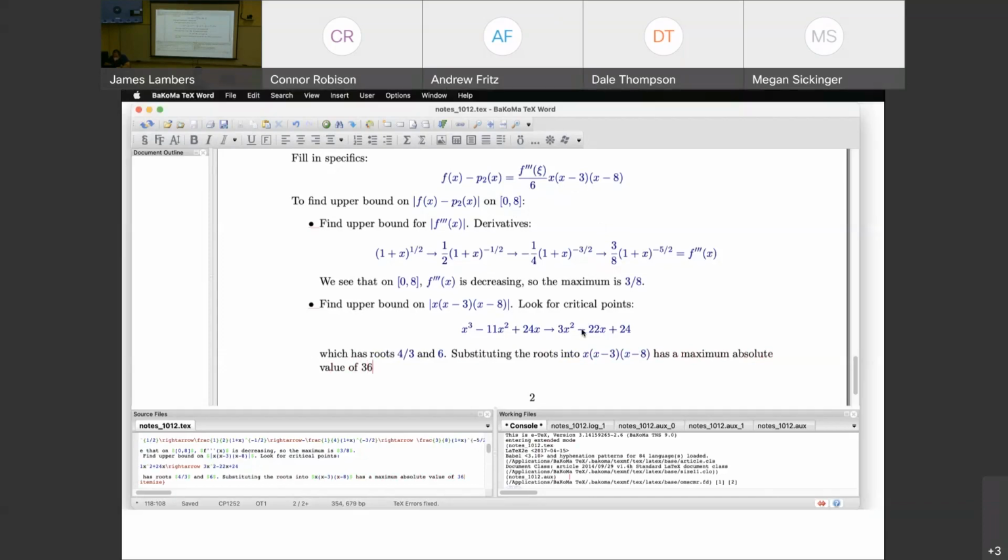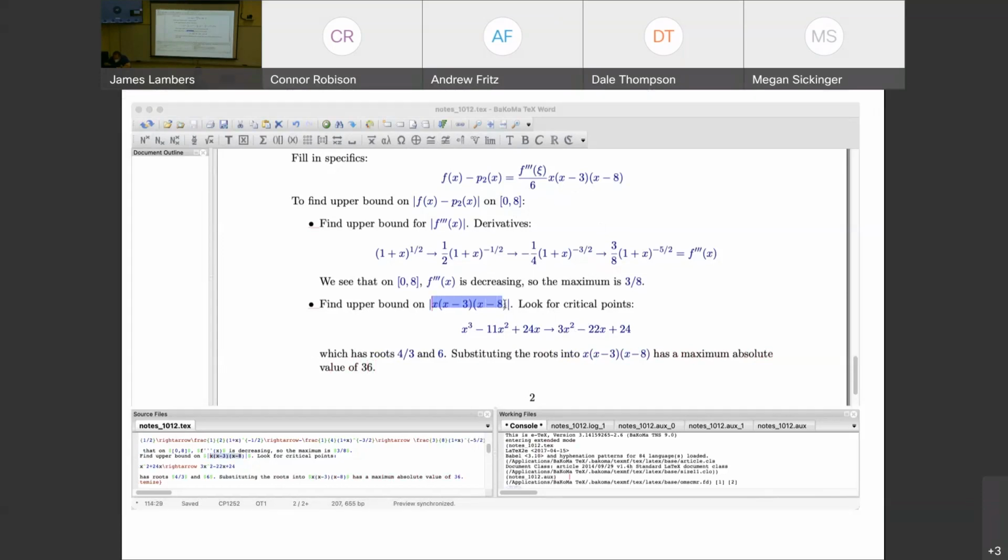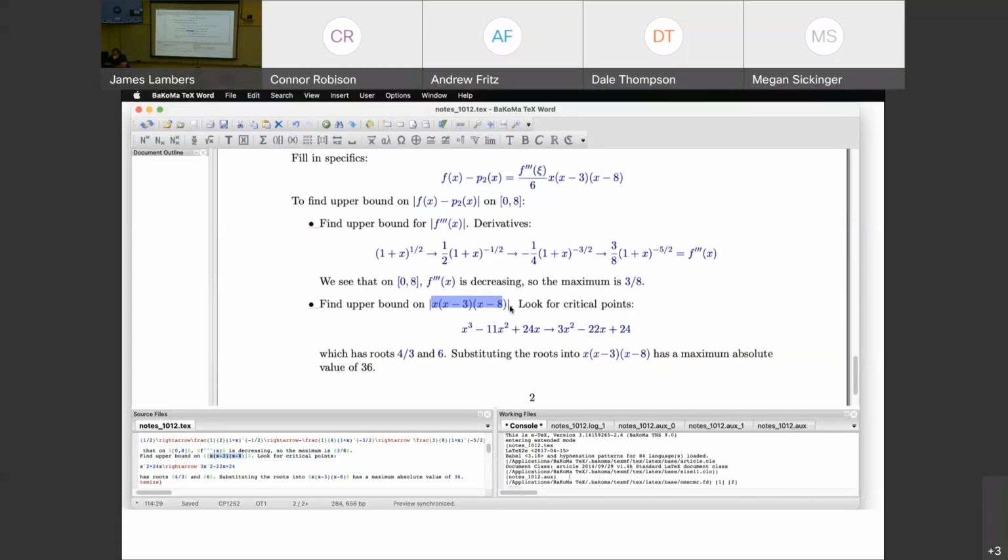So 36 is the largest that this expression can get. You can see that if you plug in x equal 6, you get 6 times 3 times minus 2, so you get minus 36.